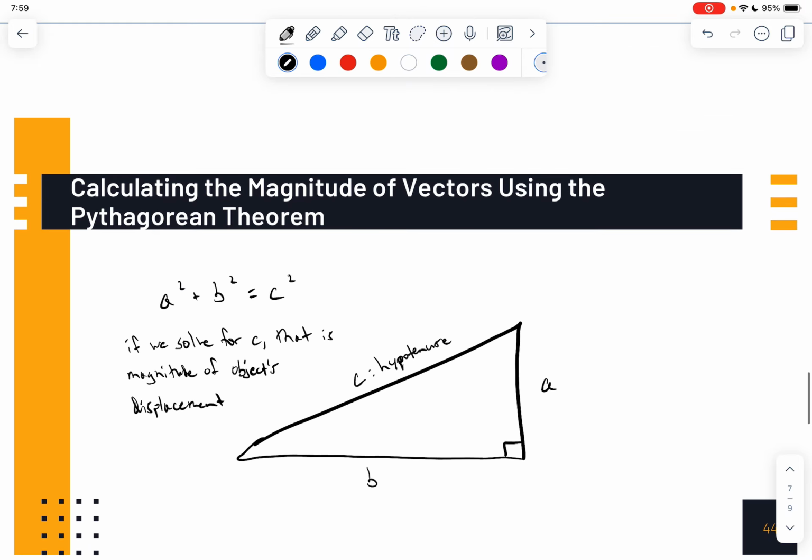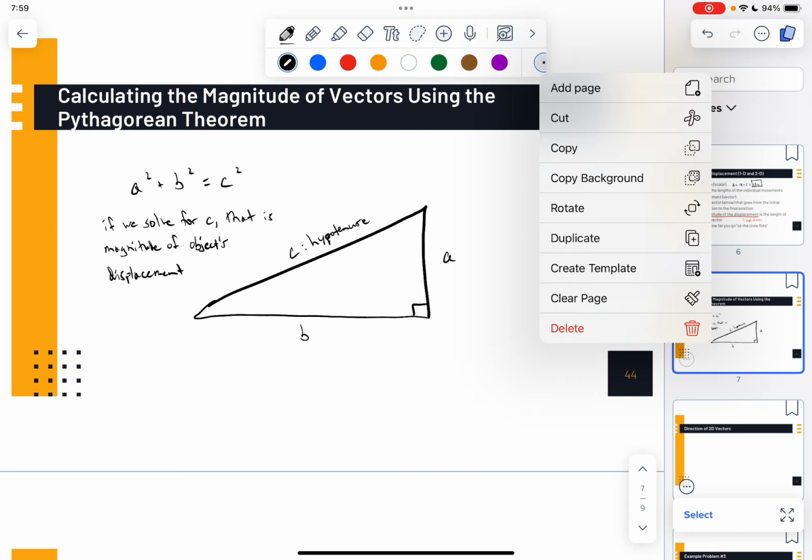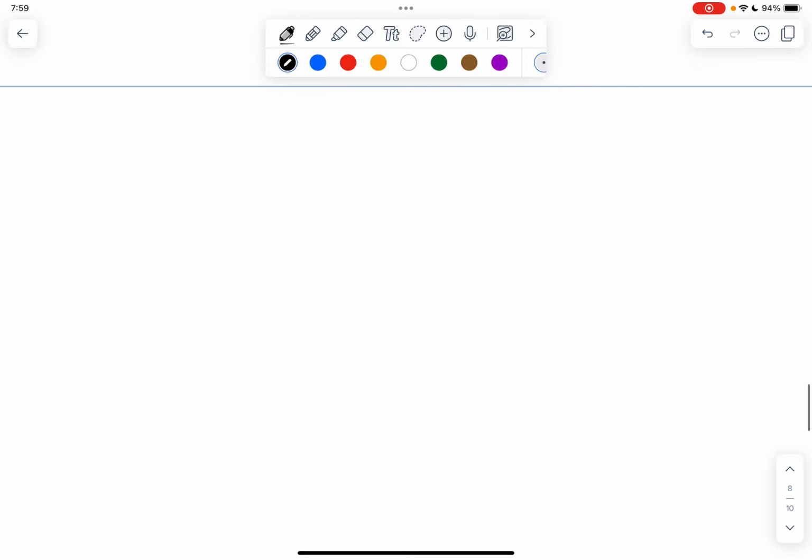So let's apply this to our object that we're trying to figure out in part B, what our displacement is.